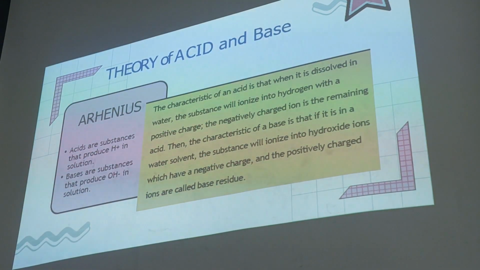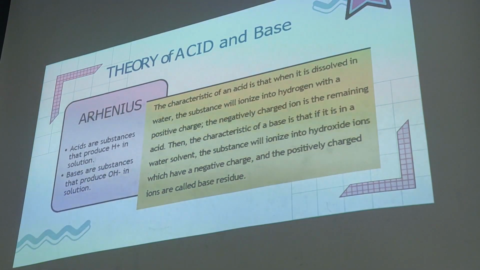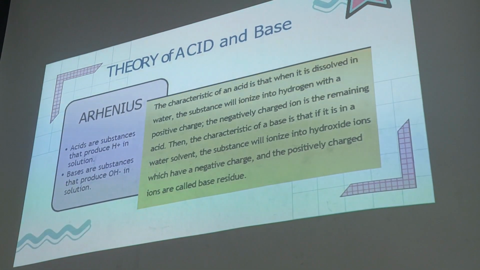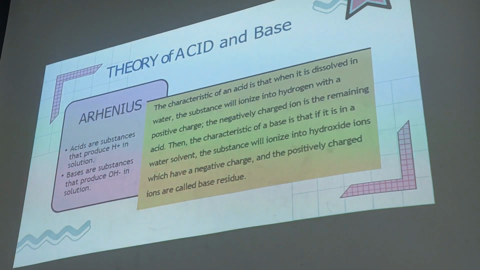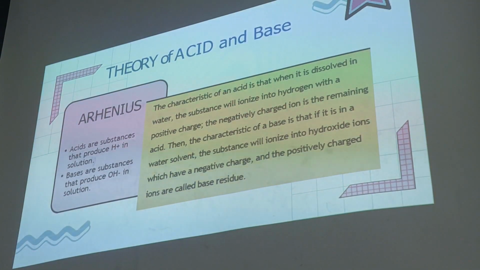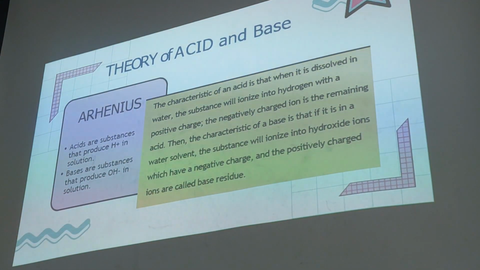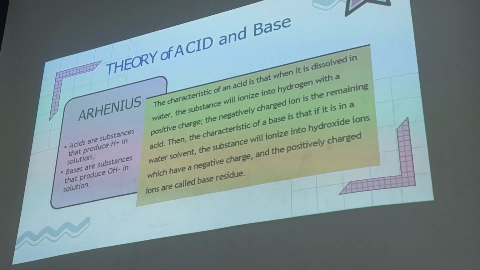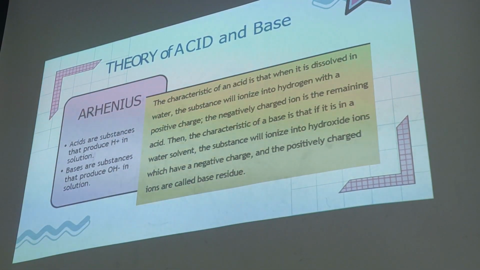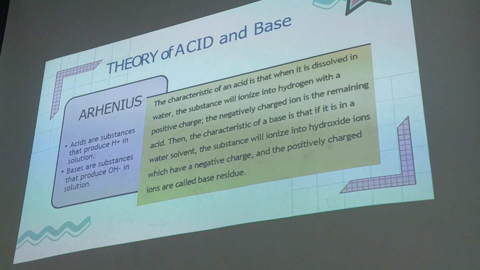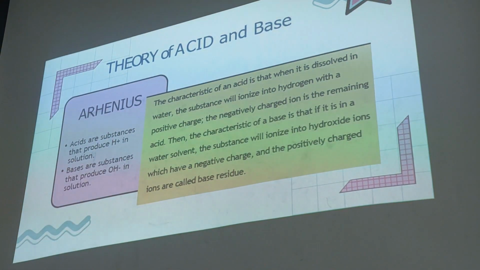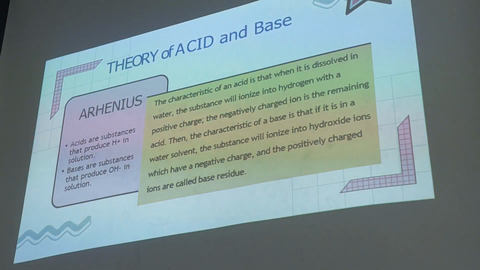The characteristic of an acid is that when it dissolves in water, the substance will ionize into hydrogen with a positive charge. The negatively charged ion is the remaining acid. Do you understand this statement?